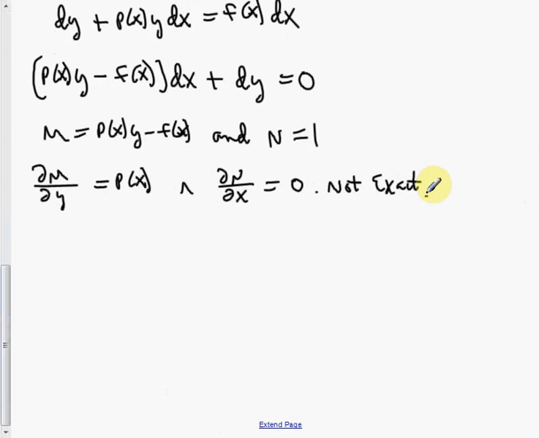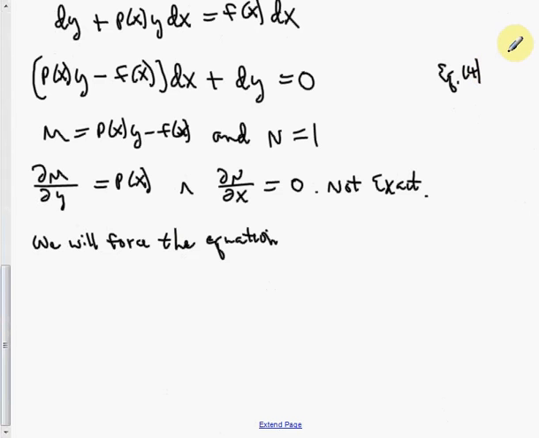exact. So we will force the equation to be exact by multiplying through by the integrating factor mu. Let's call this equation 4 here.